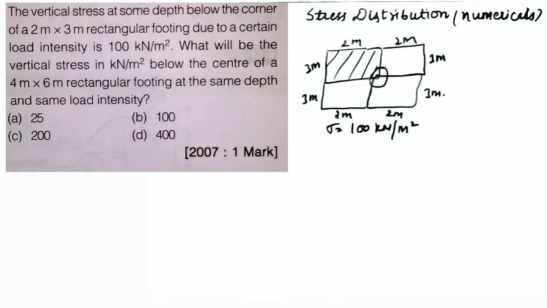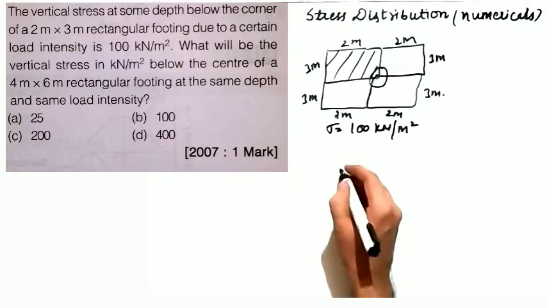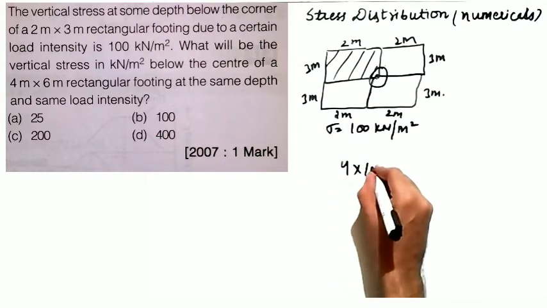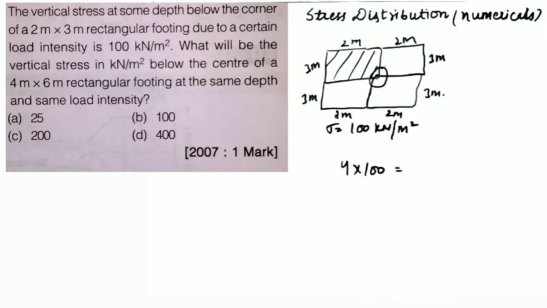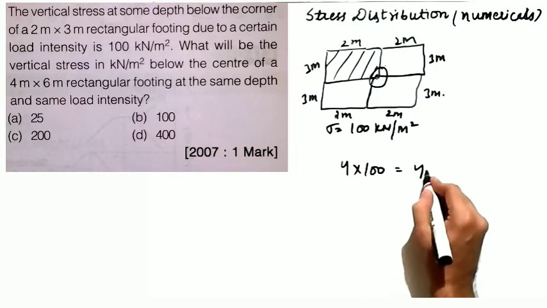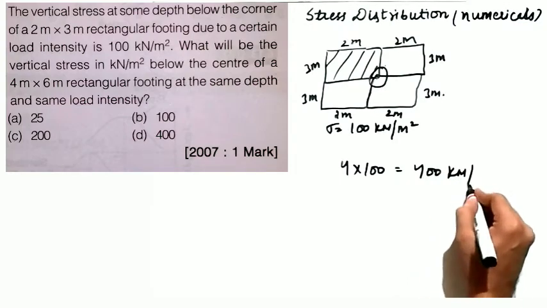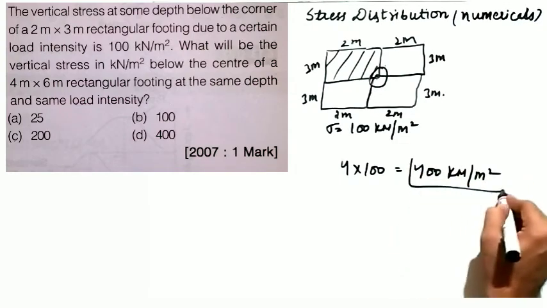Due to one particular load it was 100 kilonewton per meter square. Now due to 4 loads it will be 4 times 100. Since there are 4 stress areas now, it will be multiplied by 4. It is equal to 400 kilonewton per meter square.